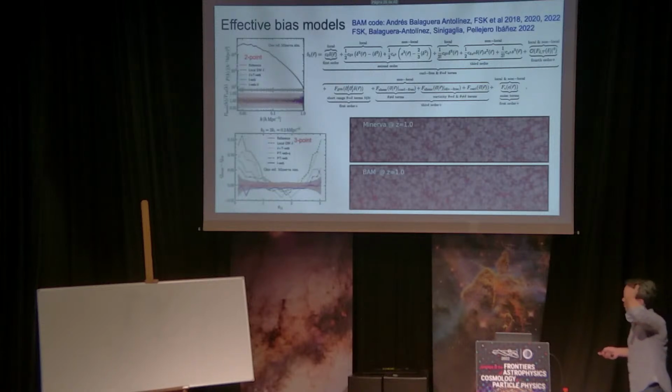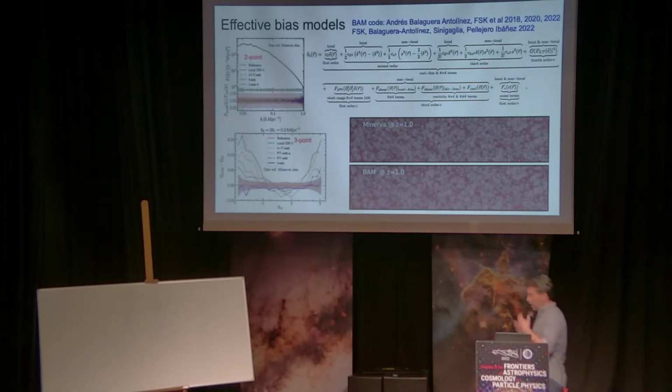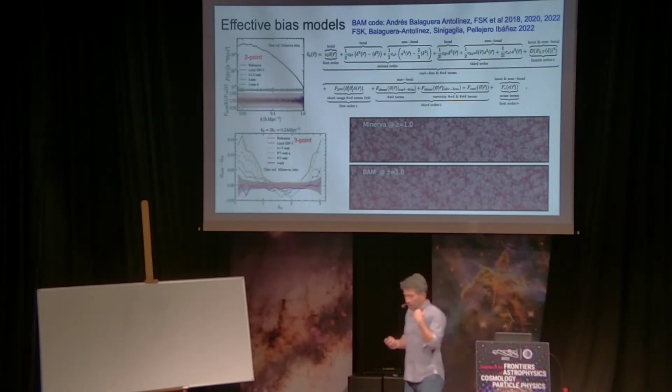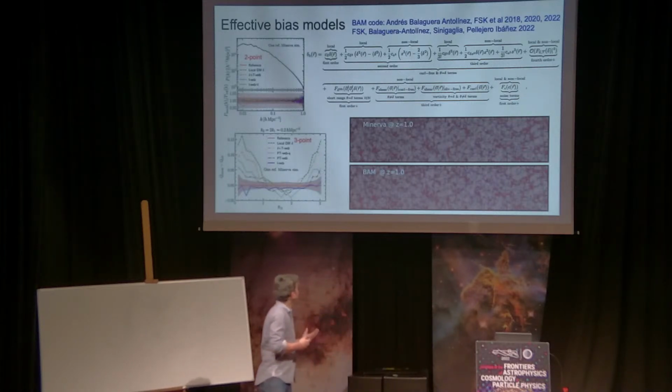Okay, I wanted to show you this, and now I want to show what we do, because we have modeled the large-scale structure, and now what do you do? I was talking about the necessity of introducing effective models.